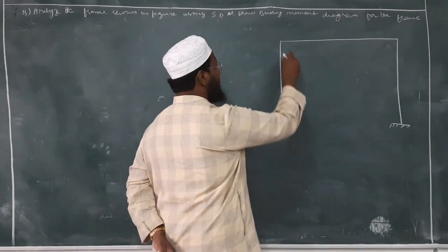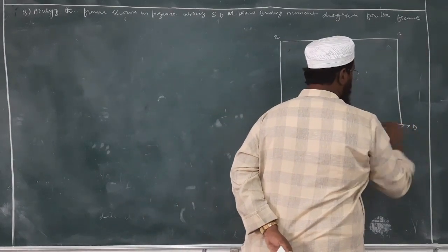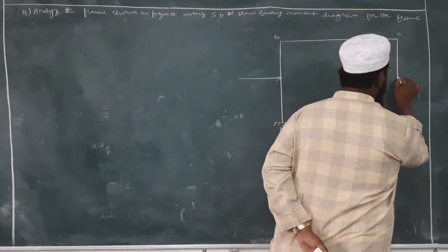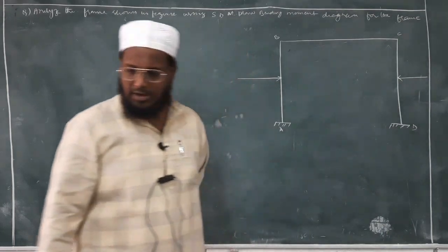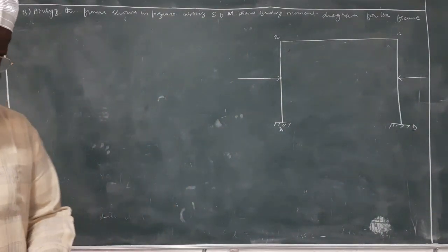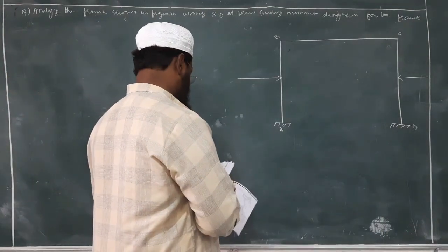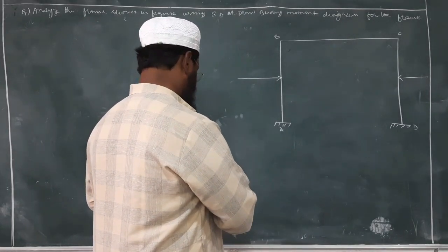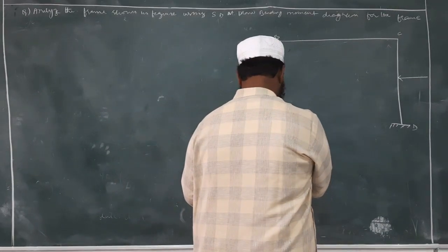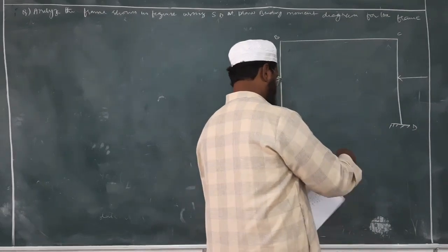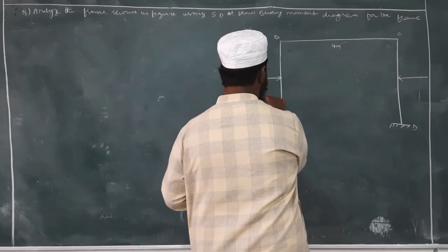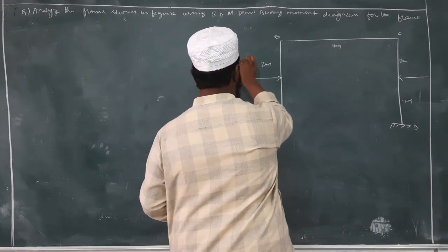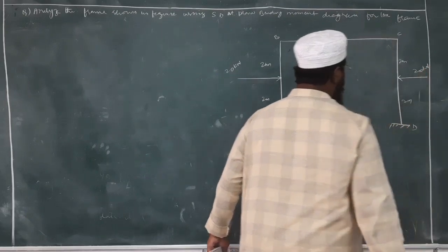So this is A, B, C, D. We have one point load here and we have one more point load like this, and the dimensions are 4 meter, 2 meter, 2 meter, 2 meter, 2 meter, 20 kilonewton, and this is also 20 kilonewton.